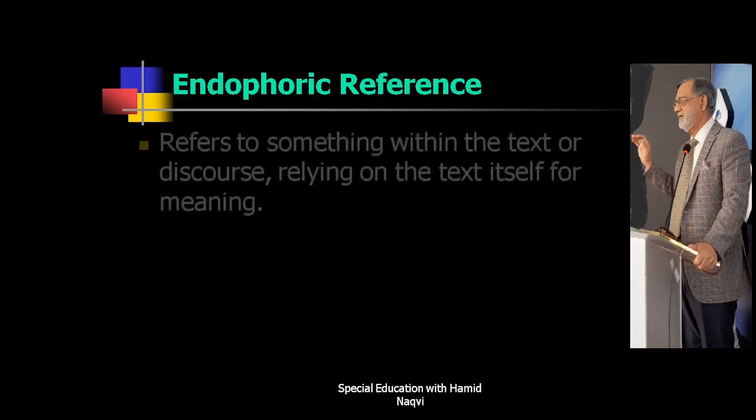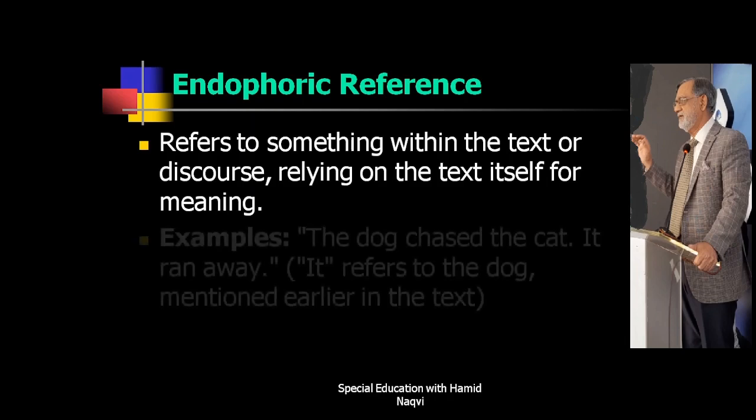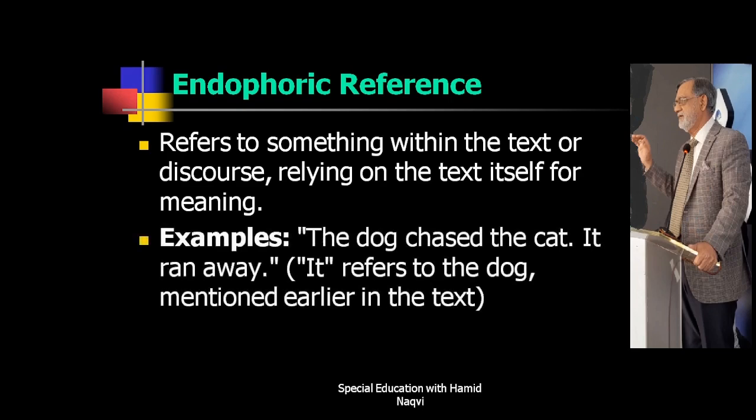Then second is endophoric reference. Now endophoric reference refers to something within the text or discourse, relying on the text itself for meaning. This is the reverse of exophoric. And with the example it would be more clear. The dog chased the cat. It ran away. Now, in this sentence, dog is chasing cat.